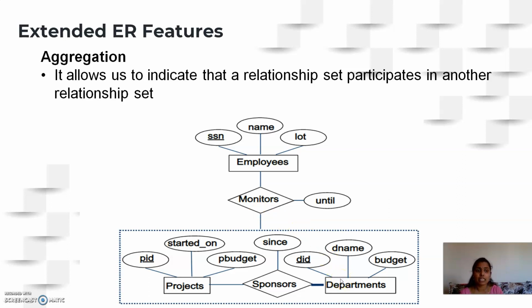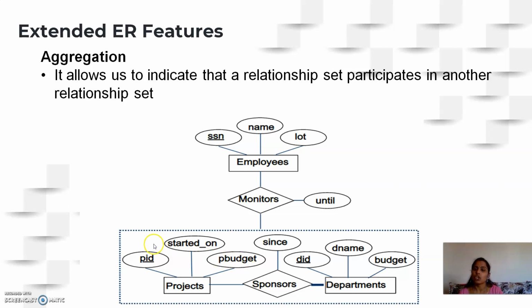But here if you observe, the employees monitor the projects that are sponsored by the departments. So being an employee, you should monitor the projects as well as the departments. So to represent such kind of things, we will be making use of aggregation.